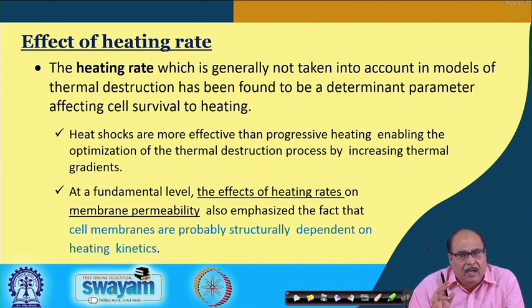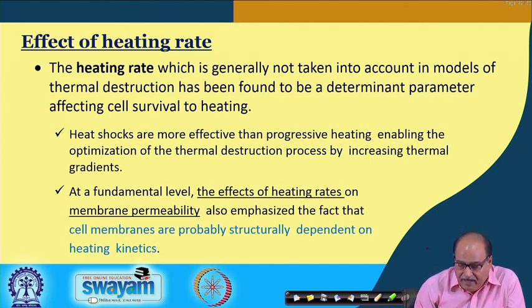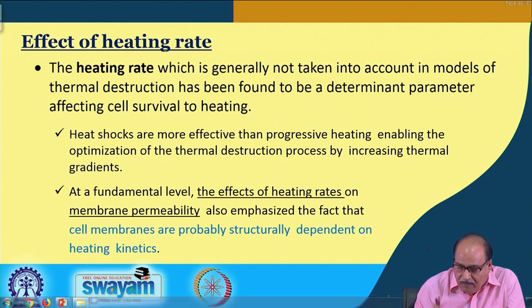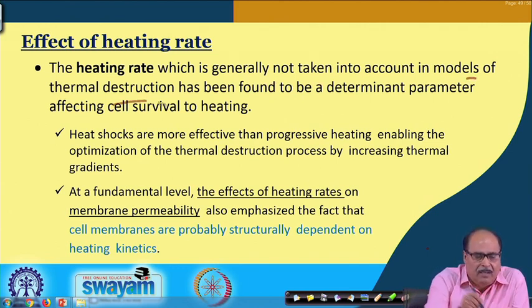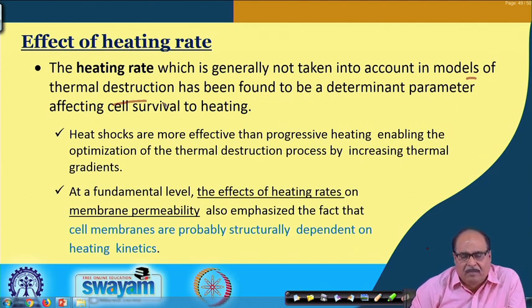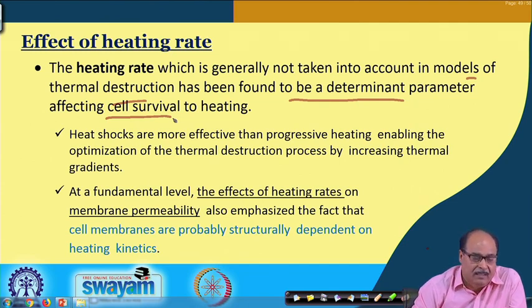So, these factors should also be considered, and one important factor is heating rate, the rate at which the heat process is applied, which is generally not taken into account in the models of thermal destruction. Although it has been found to be a determinant parameter affecting the survival of microorganisms in a heat process.